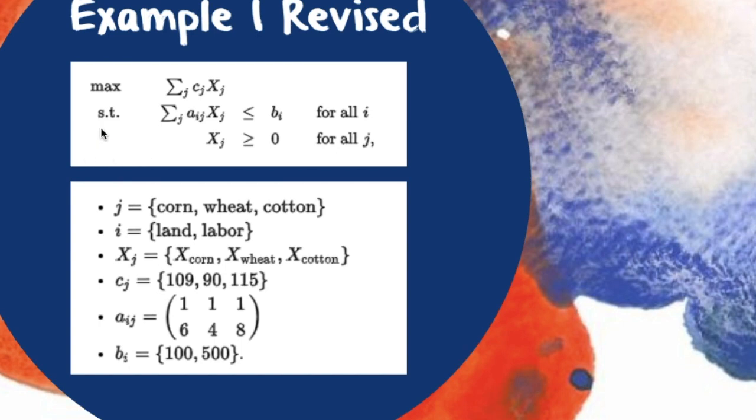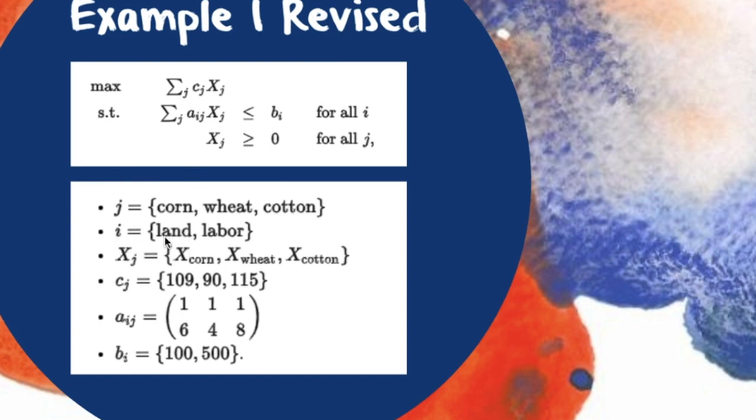Subject to, all here are the constraints; aij's will be the coefficients of each constraint. In this example, j's indices will be corn, wheat, and cotton.